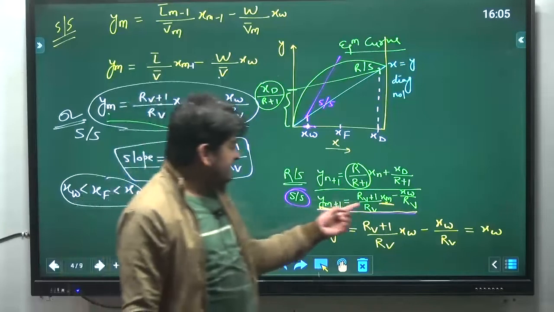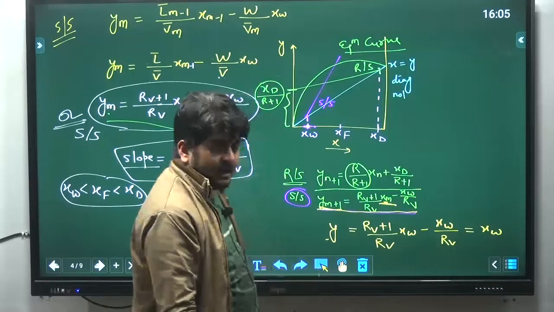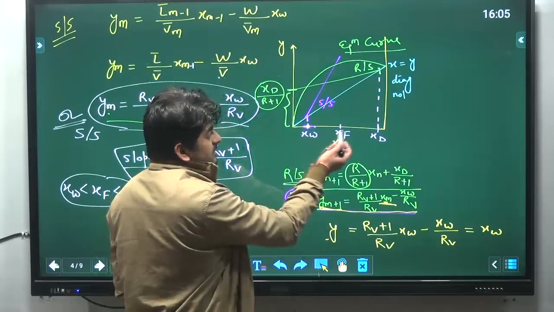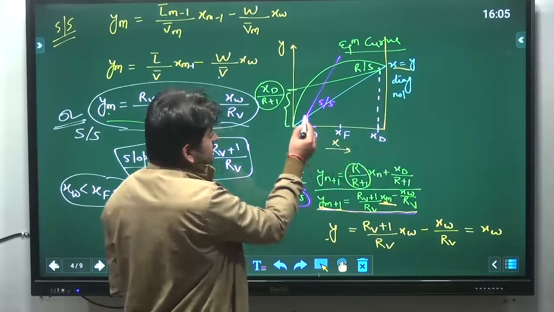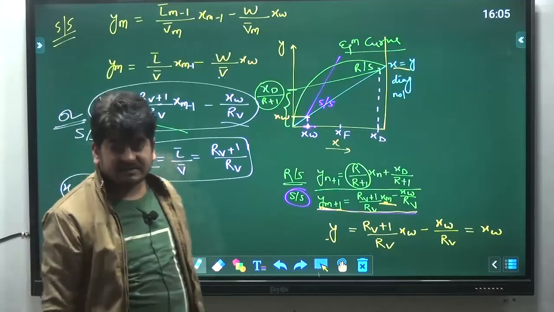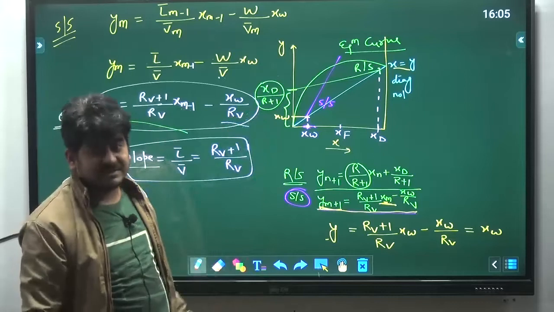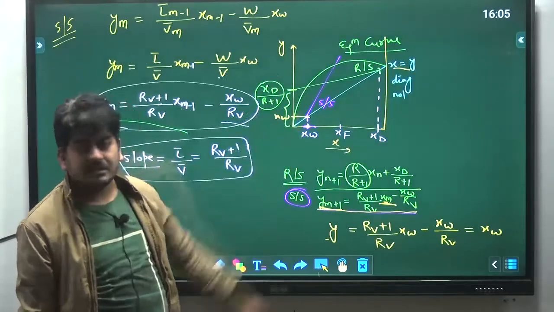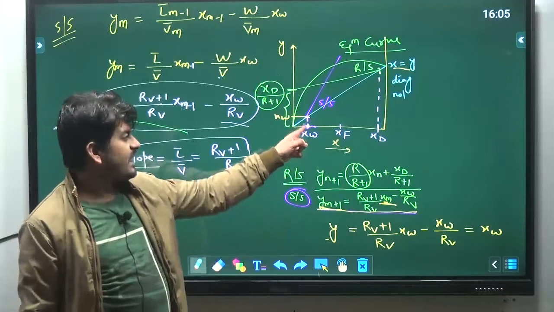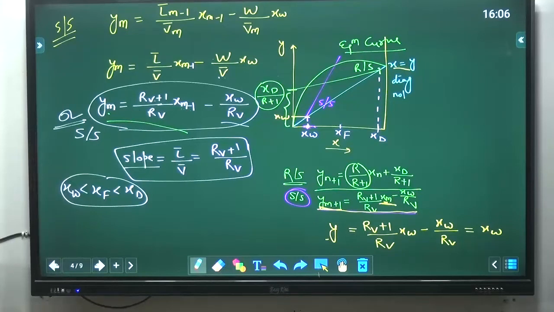When x is equal to xW, y is also equal to xW, and since this is the x equal to y line, this will be xW on the y axis. That's why this operating line of the stripping section is starting from the diagonal, not the x-axis. Is it clear now? No other reason. There is no other reason. This is just simple mathematics.